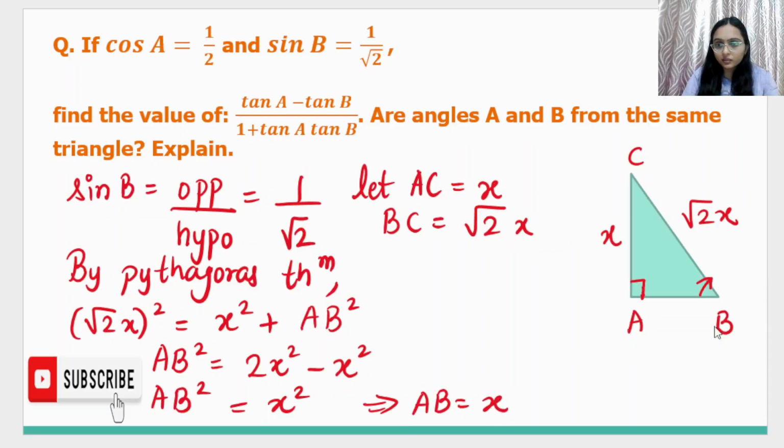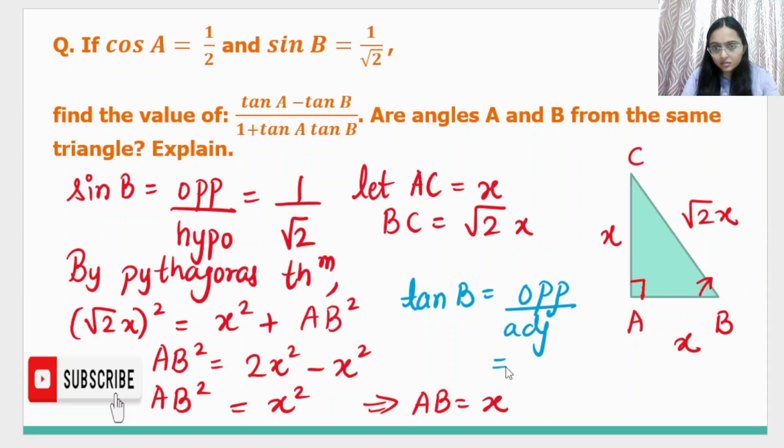Now tan B will be opposite side upon adjacent side. So opposite to angle B is x and adjacent is again x.